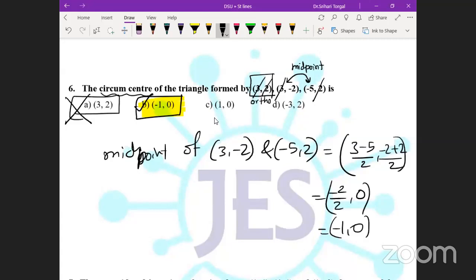Three minus 5, minus 2, divided by 2, minus 1. Yes, option B is the right answer. Okay.